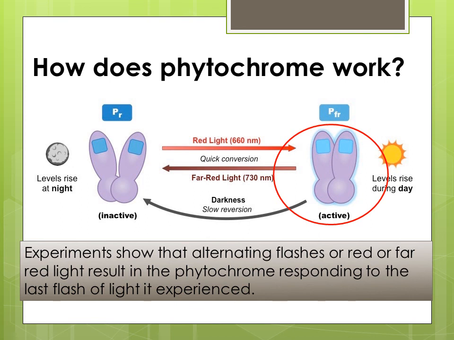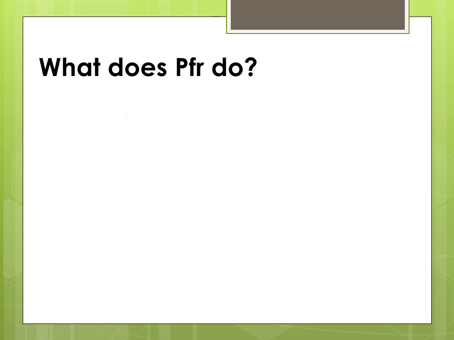And at night it will be experiencing far red light, that's the last light it's experienced, so it will remain in that format. But it wouldn't matter how much time it was exposed for as such, other than the fact that the last colour it saw will turn it into phytochrome red or phytochrome far red. But from a point of view of the way it works in real life, obviously during the summer the last light it sees during the day is going to be red light.